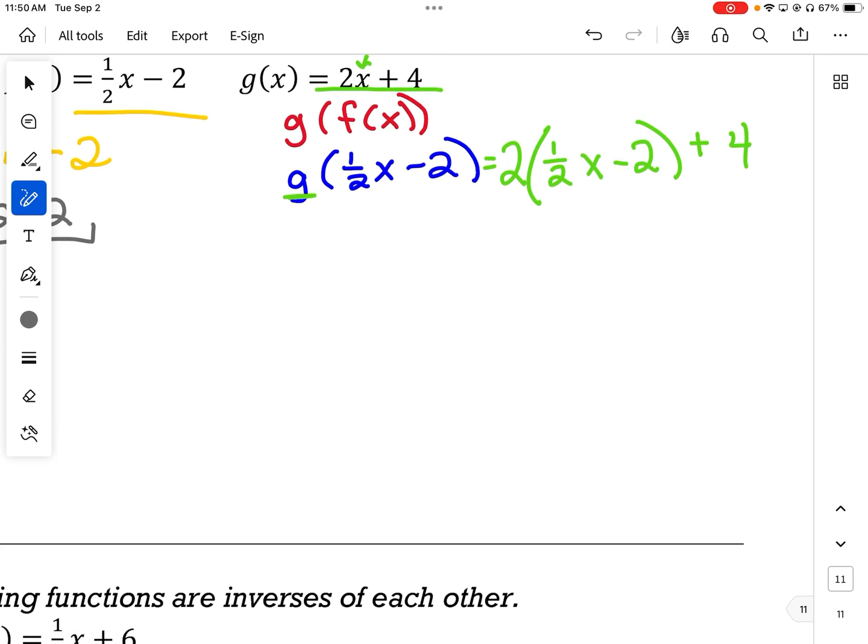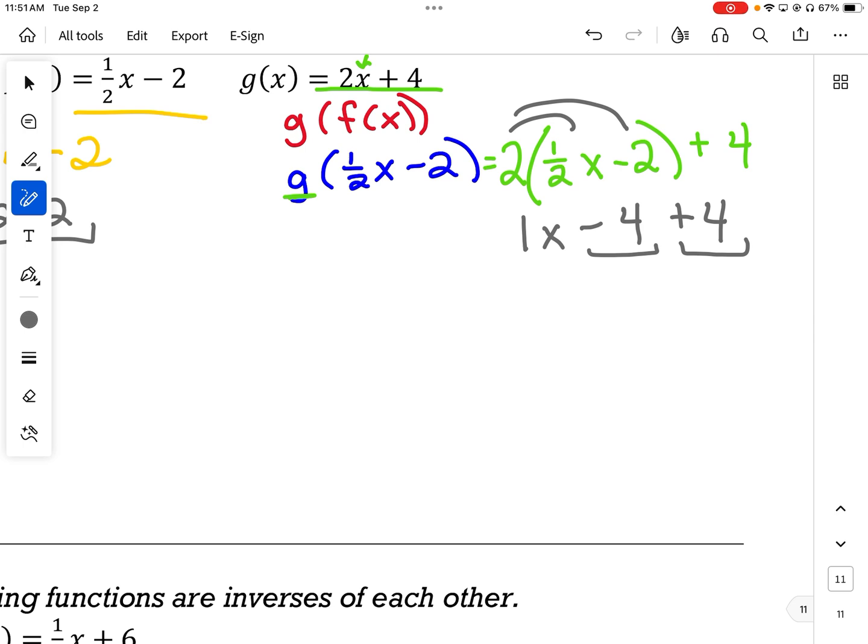Okay, so we want to distribute and simplify. Distribute. 2 times half is 1. 2 times negative 2 is negative 4. And then just carry down the plus 4. We're going to simplify that. Negative 4 plus 4 is 0.